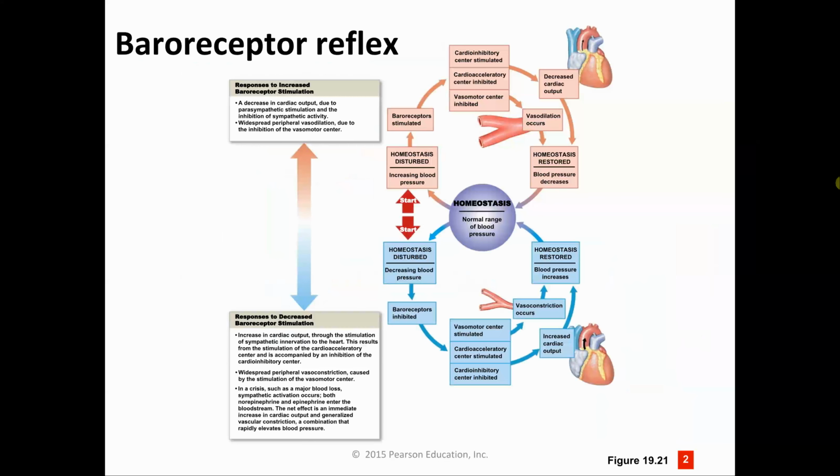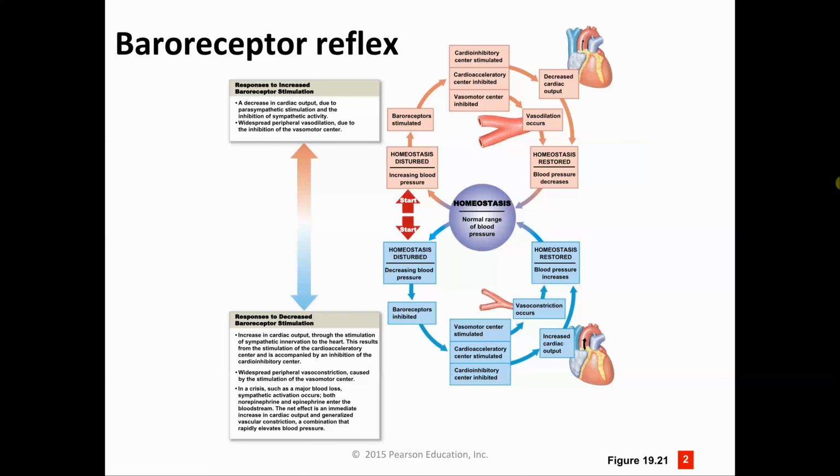So then when blood pressure gets too high, it stimulates those baroreceptors, and it stimulates the cardioinhibitory center. That's going to decrease heart rate, inhibit the vasomotor center and the cardioacceleratory center, decrease cardiac output, and cause vasodilation.